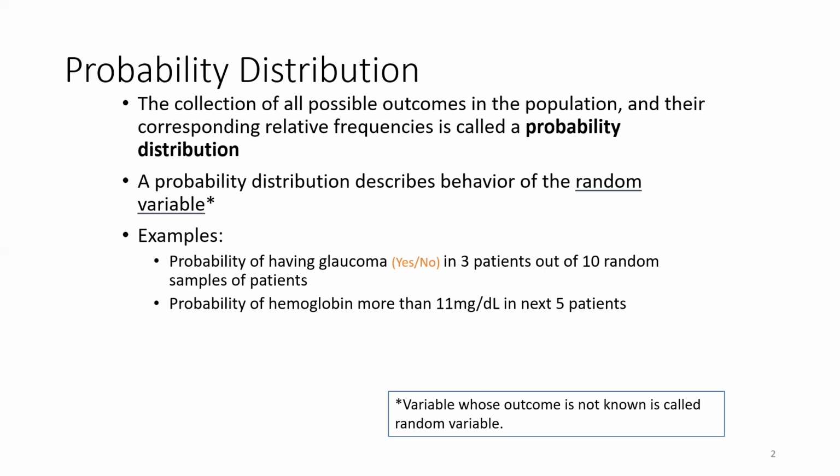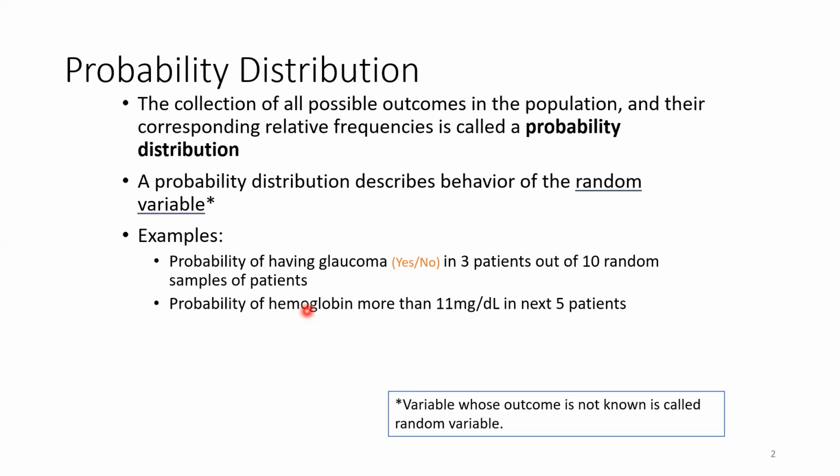And there is one more instance: if I want to find the probability of hemoglobin more than 11 milligram per deciliter, this variable is now hemoglobin. It is being measured in numbers, and we want to find any hemoglobin more than that threshold.